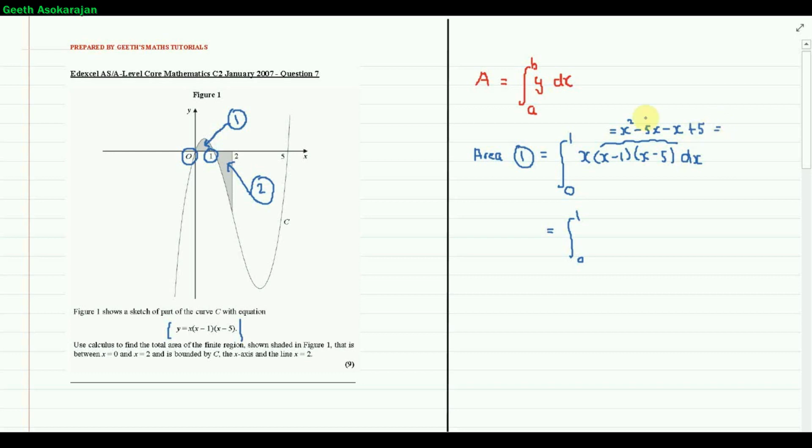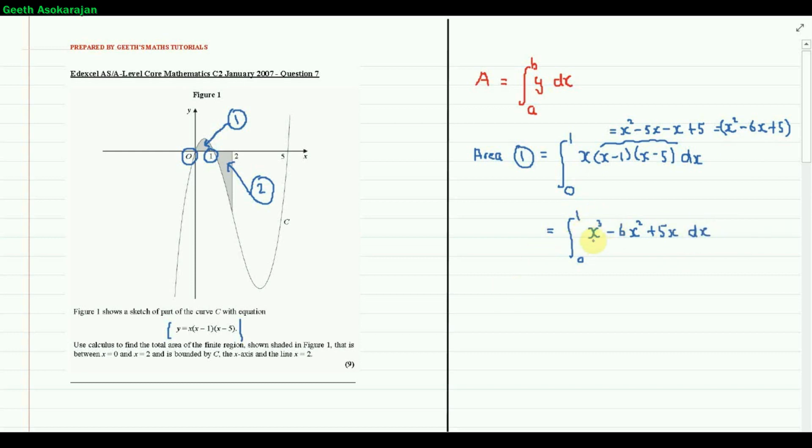Simplifying further, we have x squared minus 6x plus 5. Don't forget we need to multiply by x. So x times x squared is x cubed, x times minus 6x is minus 6x squared, and x times plus 5 is plus 5x.